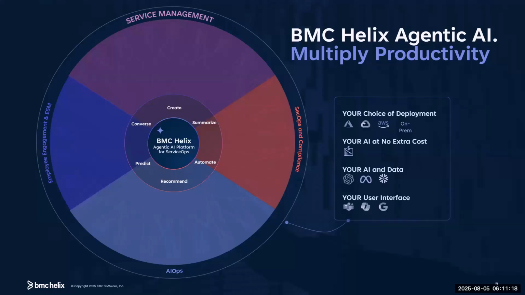So, if some of your users prefer to work within their user interfaces of their choice, such as Teams or Copilot, we allow our solutions to be used across these interfaces. Finally, it's key to note that BMC Helix has an open, flexible architecture that delivers measurable productivity gains. And this helps you realize value from your investments in Helix GPT.